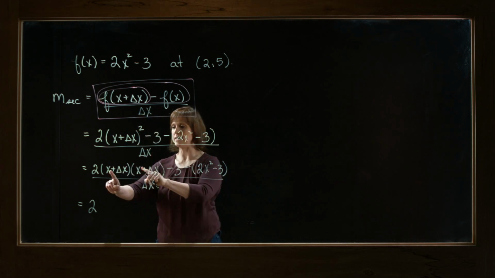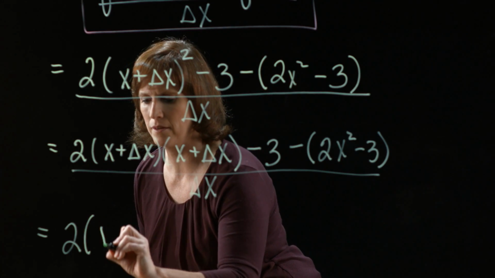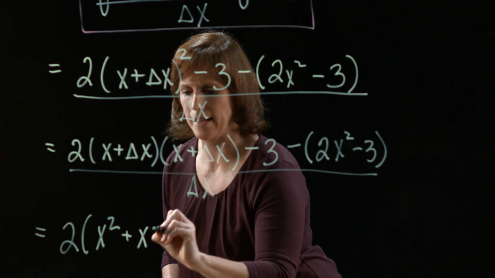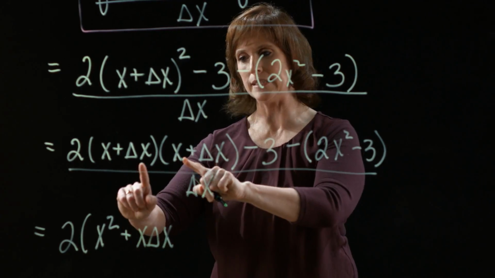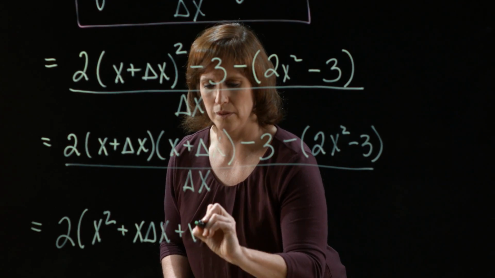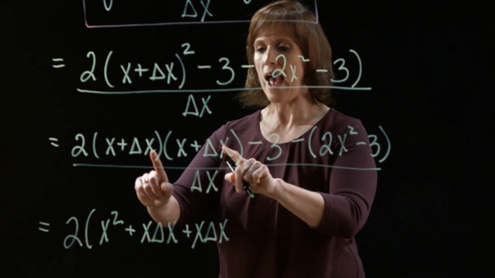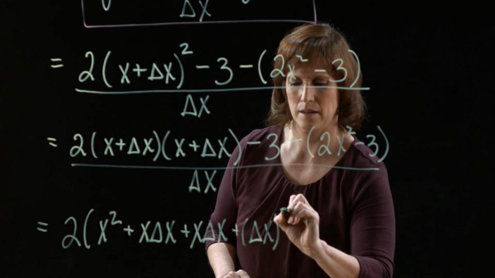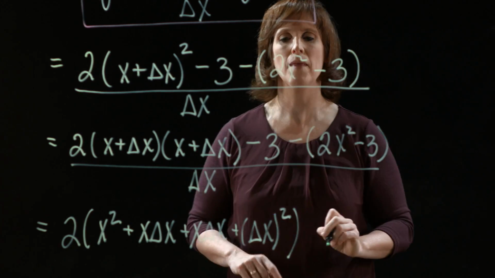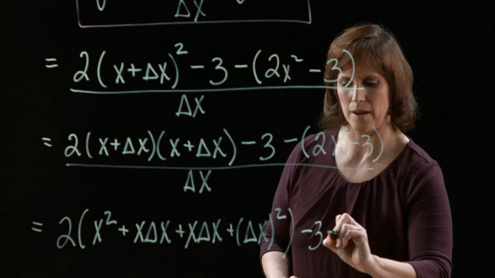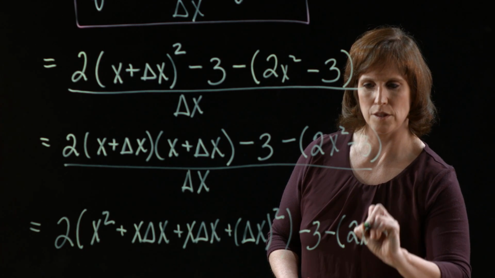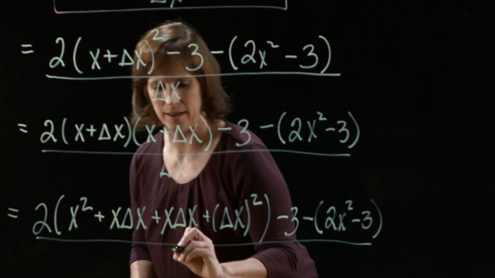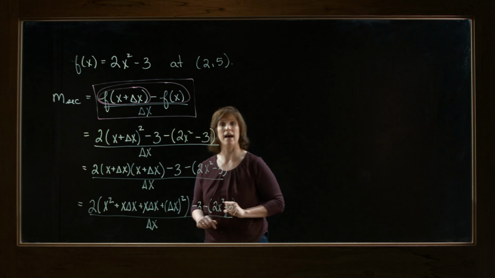So FOIL tells me I take my first terms and multiply them together, then my outside terms, that's x delta x, the inside terms, which will again be x delta x, and then my last terms. And again, I'm going to subtract 3 and also the 2x squared minus 3 and have everything divided by delta x.